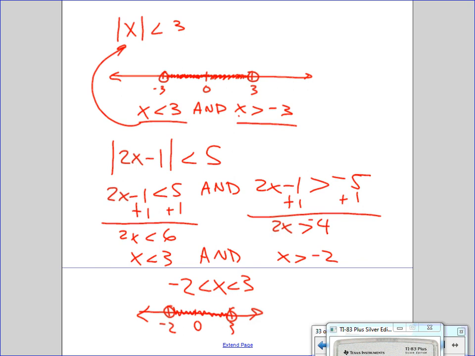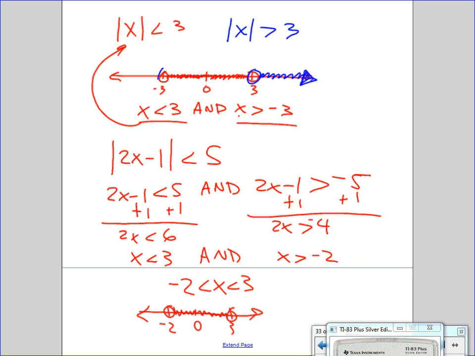Now, since the absolute value being less than a number gives the values between two values, if we were to have the absolute value greater than a number, it would be the regions outside. See, if we had, in this particular case, absolute value of x is greater than 3, that would be the numbers to the right of 3 because they're more than 3 units away from 0.